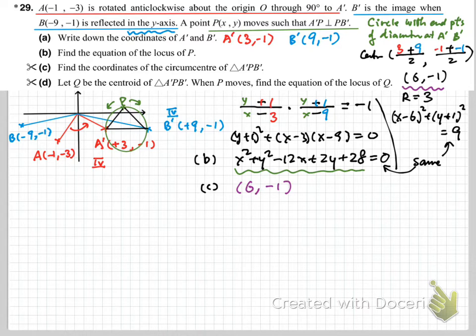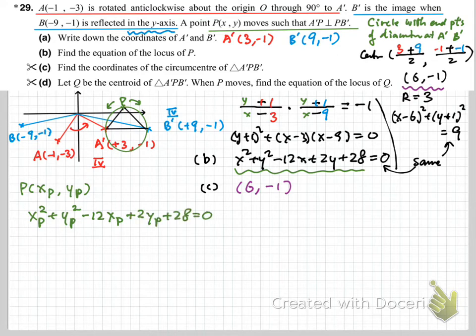Alright. So we let P move. P is moving in the circle. So anyways, let P be the coordinate xp and yp. So xp and yp, they follow this equation, aren't they? xp squared plus yp squared minus 12xp plus 2yp plus 28 equals to 0.